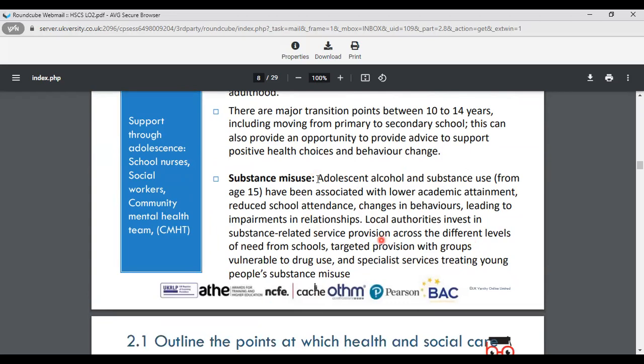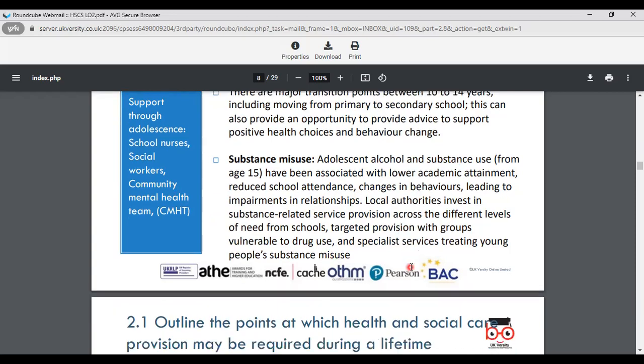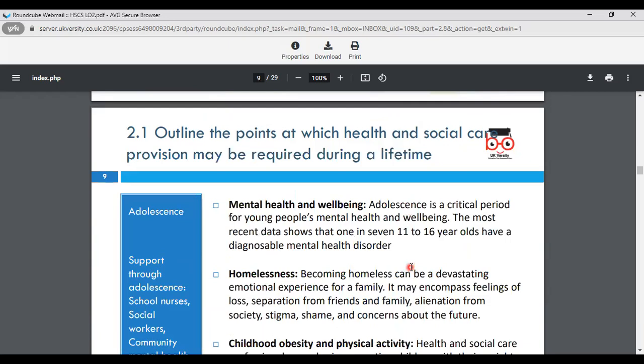Substance misuse has been heavily targeted within this country. You have community mental health teams and social workers working here, and local authorities that invest in substance-related service provision across different levels, from school-targeted provisions with groups who are vulnerable to drug use, to specialist services treating young people's substance misuse.